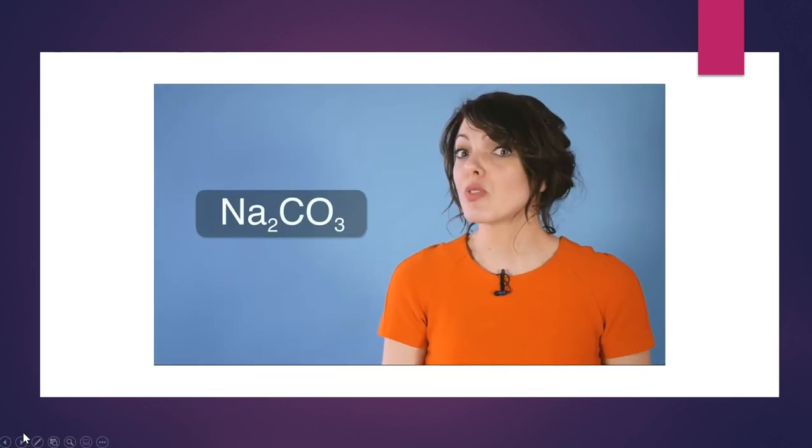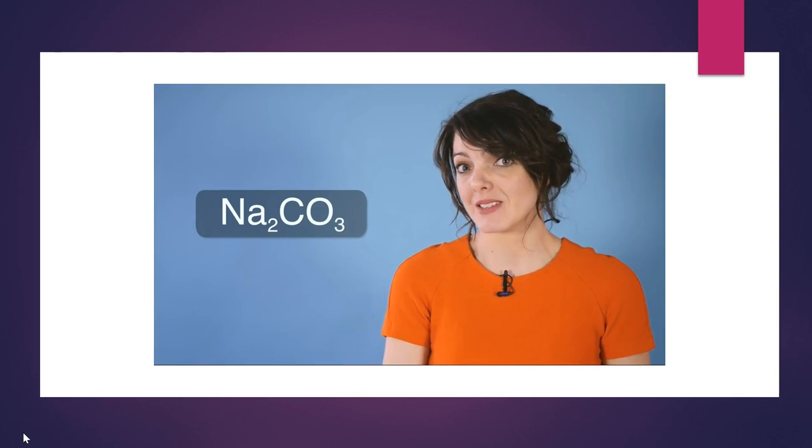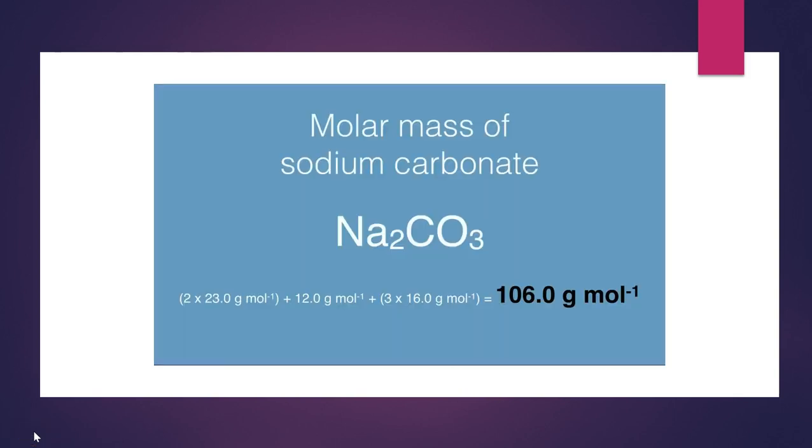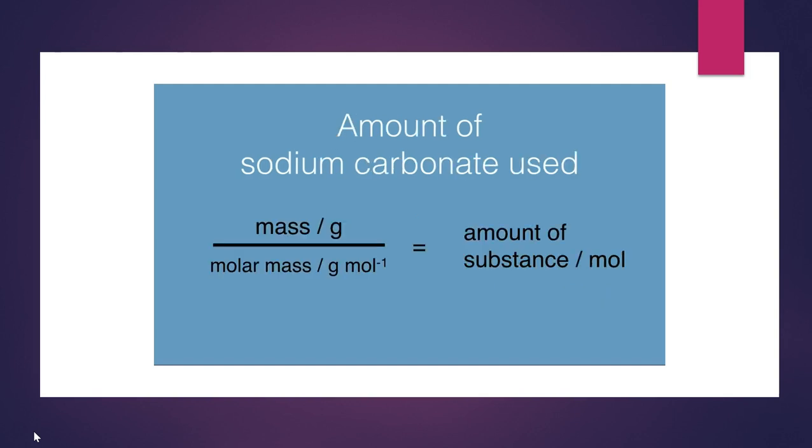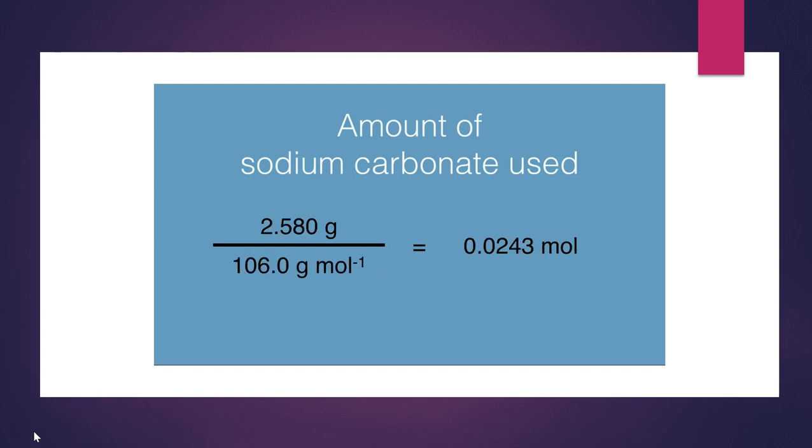To calculate the concentration of your standard solution, you first have to work out the molar mass of anhydrous sodium carbonate, as shown here. To calculate the amount of substance used, you will then have to divide the mass of the anhydrous sodium carbonate used by its molar mass.